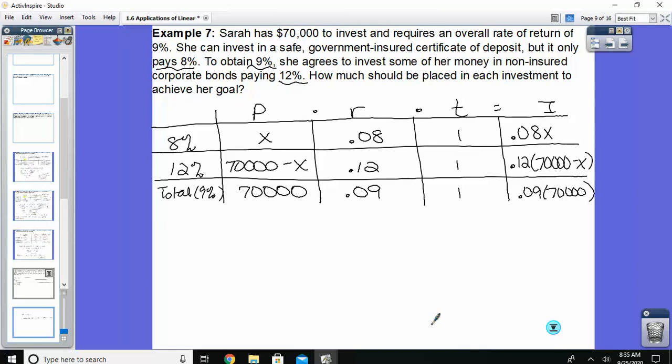And the 0.09 times 70,000. The formula, just like the last one, the equation, you're just adding the ones you're mixing together to equal the total. So add the first two to equal your grand total.